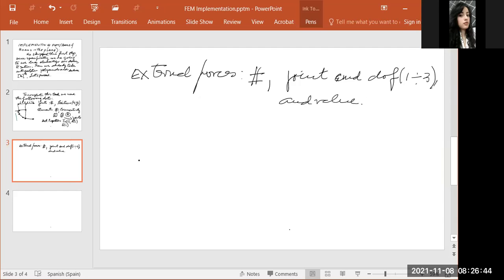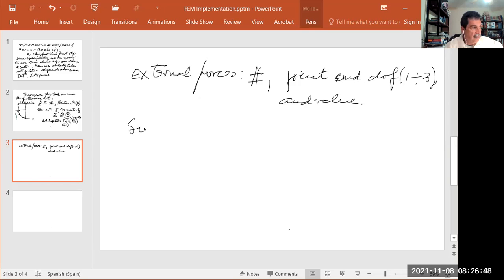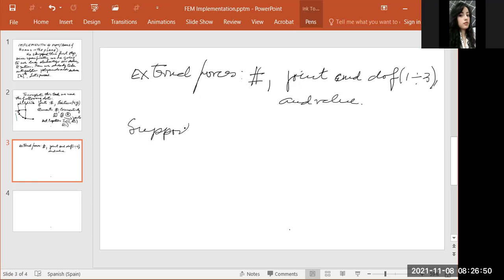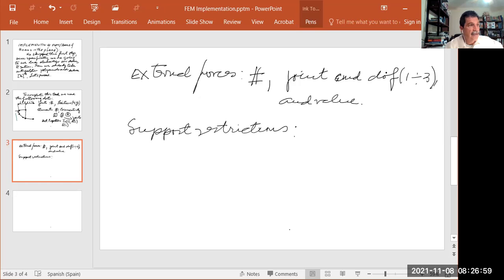Good morning, doctor. The boundary conditions. Exactly. So that's the supports. This is similar to this. So we need to know how many. Okay, and for each one of them, we need to know the joint.